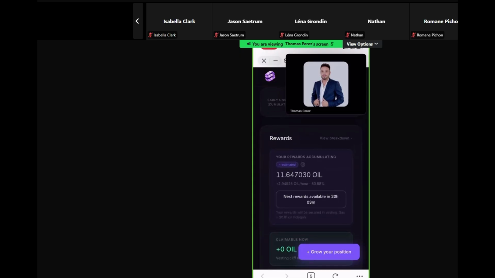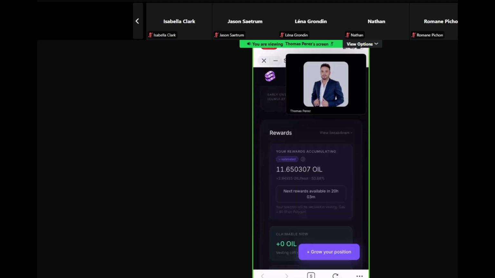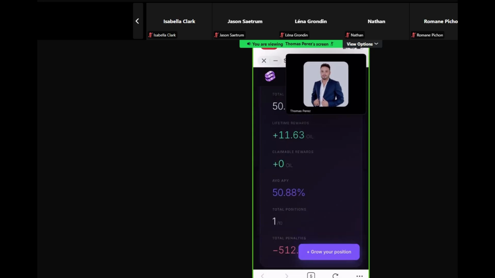It's 2.95 oil token per hour, which is nice. Anyway, this is how the dynamic APY works, you see? Someone that staked the same amount of tokens, but maybe for 20 days, 100 days, won't have the same share because the weight will be lower than the position I'm showing you right now.